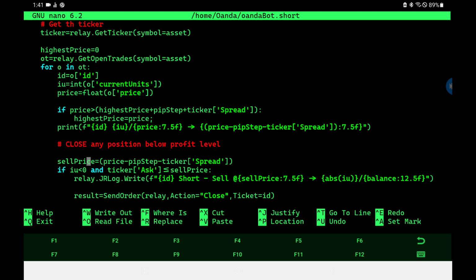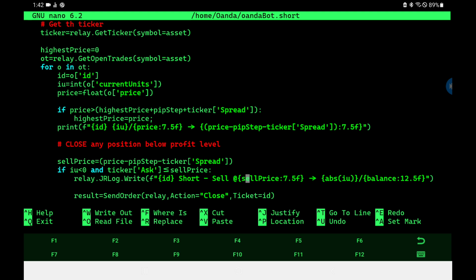So if our current asking price, since we're shorting, is less than our selling price, and we actually have something to sell, because we're shorting, our unit numbers are going to be negative. So we need to have something to sell. So we do. Then we place our short sell.